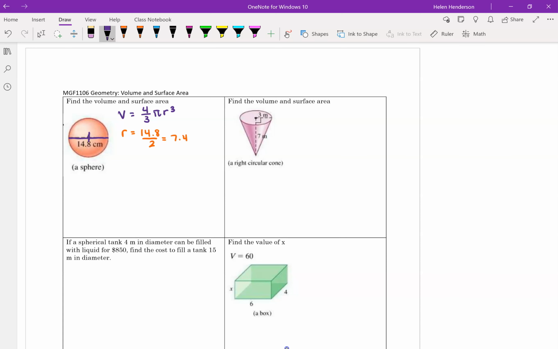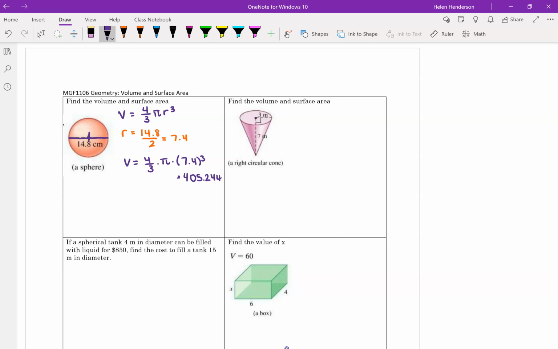So what we're going to do for volume is 4/3 times pi times r cubed. So let's do r cubed first. 7.4 times 7.4 times 7.4 makes 405.244. Let me just do that one more time to double check that number. 7.4 times 7.4 times 7.4 is 405.244.